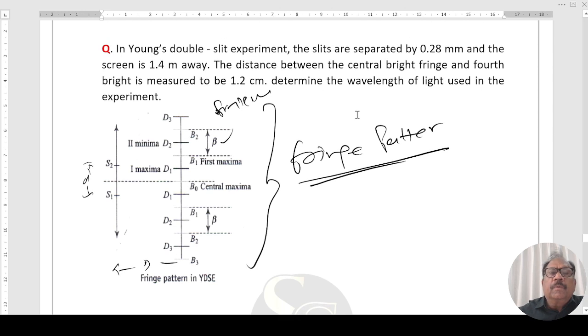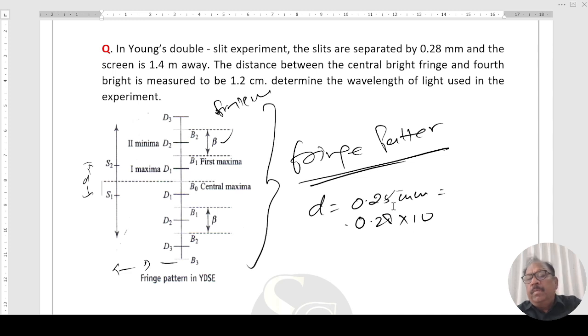Now according to the question, d is given to you as 0.28 mm, means 0.28 into 10 raised to the power minus 3 meter, right? Then the screen distance capital D is 1.4 meter.